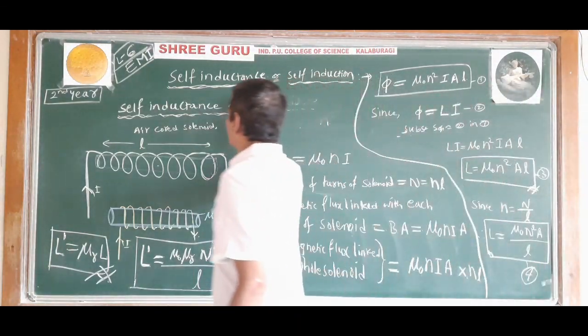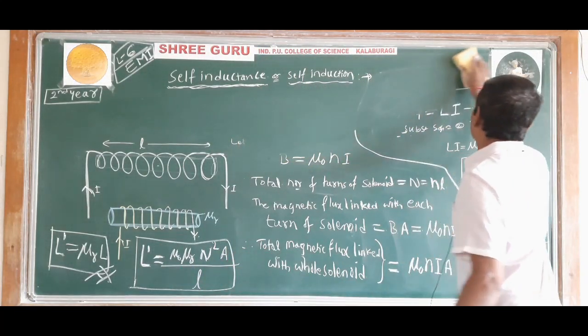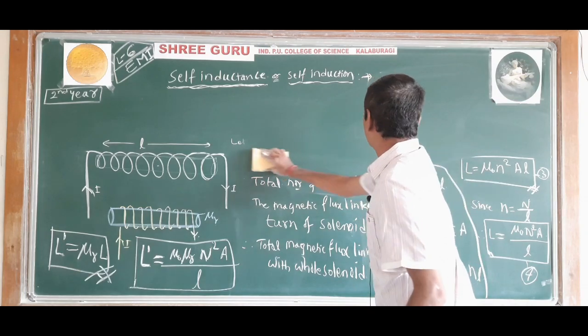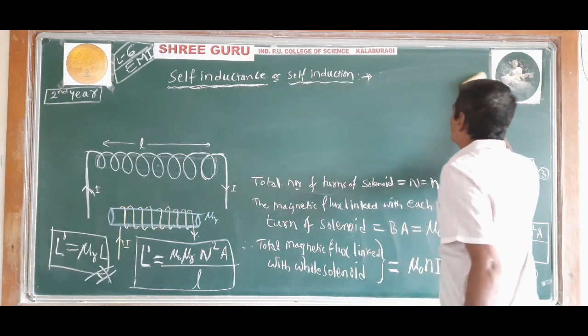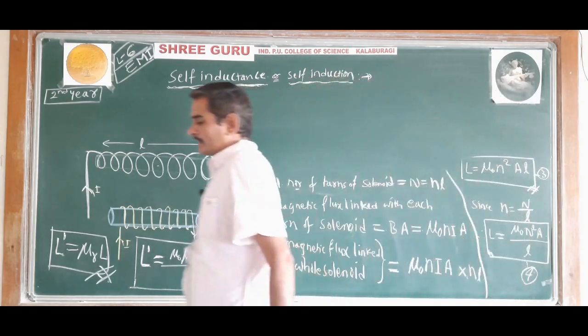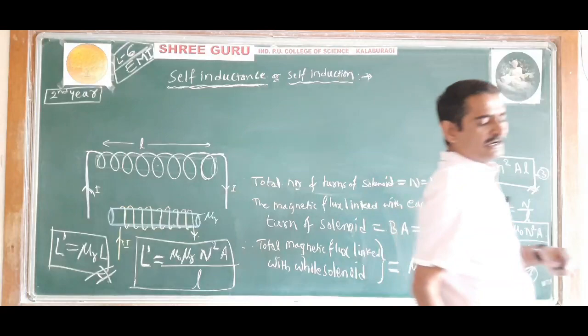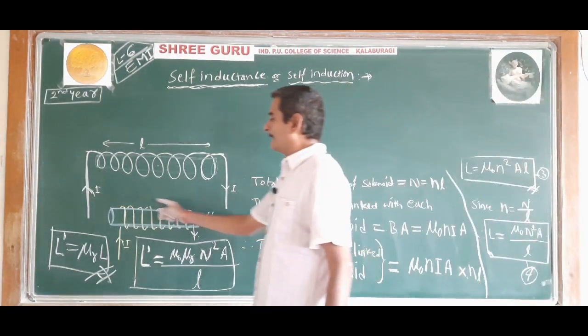So now tell me, what are the factors on which self-inductance of a coil depends? The self-inductance of a coil depends upon the geometry of the coil, that is shape and size of the coil, as well as permeability.